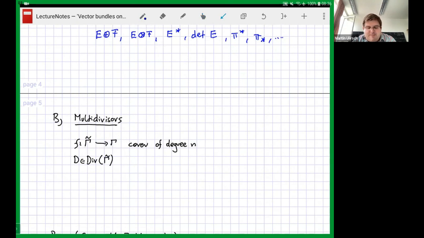And when we think about topological covers, we also want to think of this as being an isometry, so that it is actually classified by the fundamental group of gamma and so on.